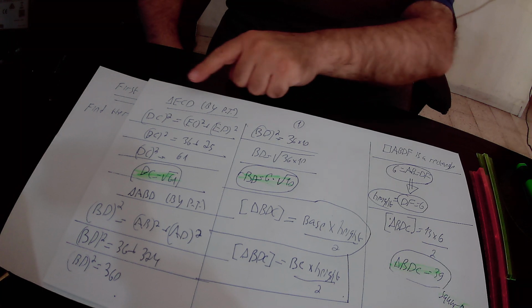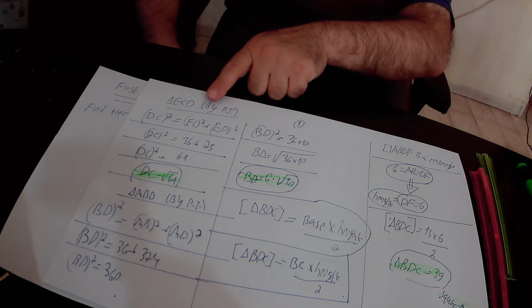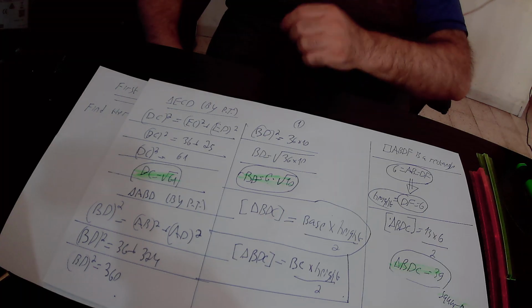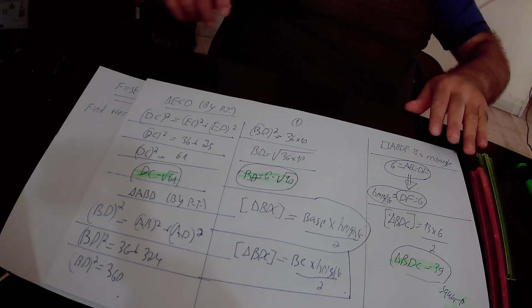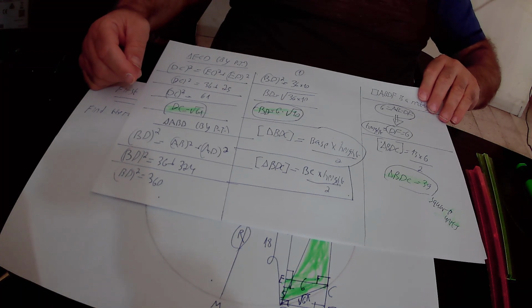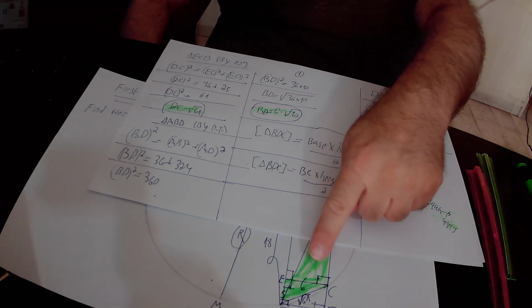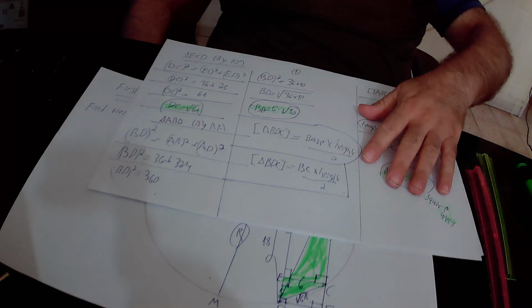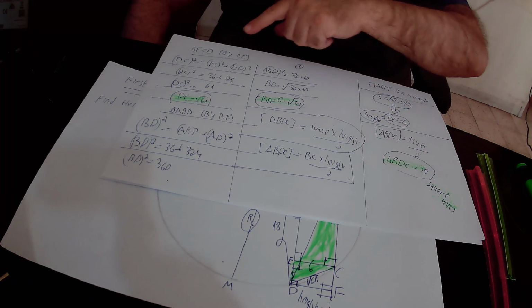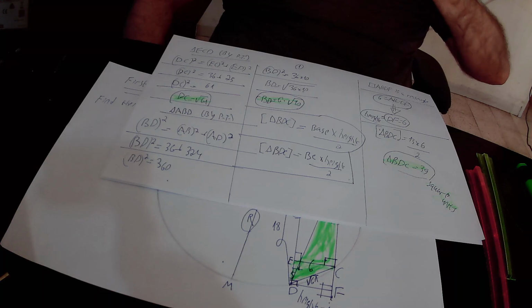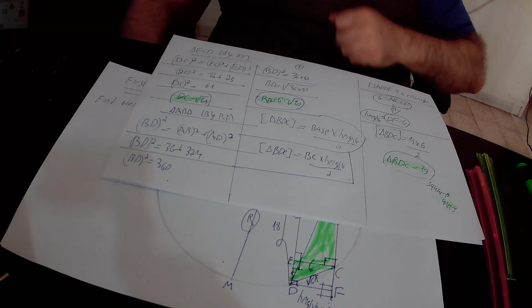So in conclusion, we found out that DC square equals EC square plus ED square in the right green triangle ECD. So DC square, that is the square of the hypotenuse, must be equal to EC square. EC is 6, therefore EC square is 6 square, that is 36, plus ED square. ED equals 5, therefore ED square is 5 square, that is 25.